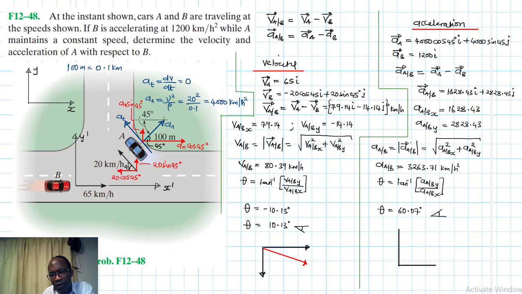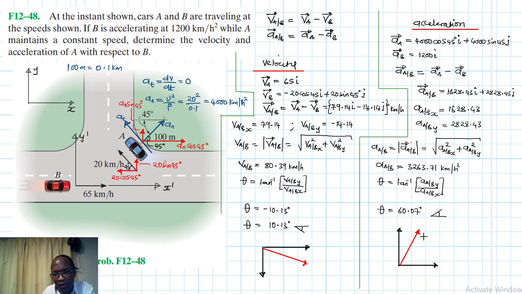Y seems to be larger there, so the resultant will be closer to the y value, like so, according to the principles of addition and subtraction of vectors. Let's label them.